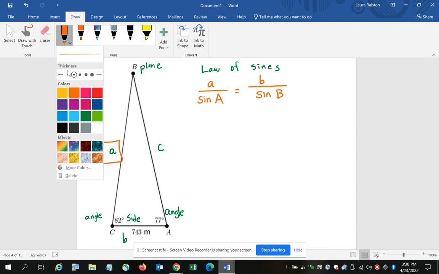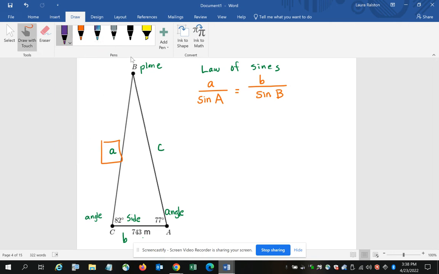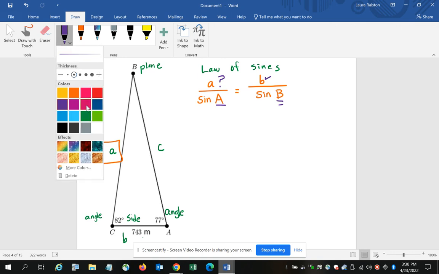And again, thinking about what I know in this problem, I know angle A, I know side B. I need one other piece of information. Well, A is what I'm looking for in the problem. So I should be able to calculate side B, or angle B, excuse me. And guys, you can do that.